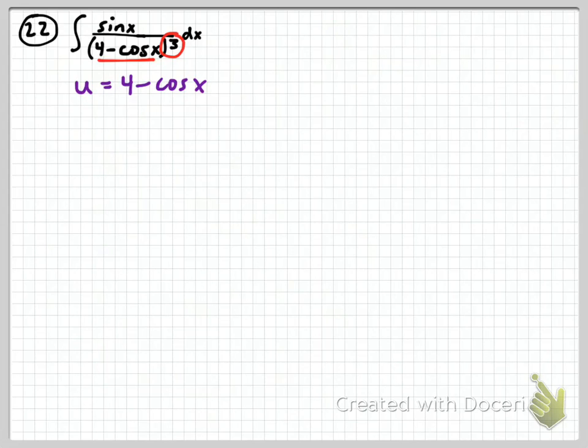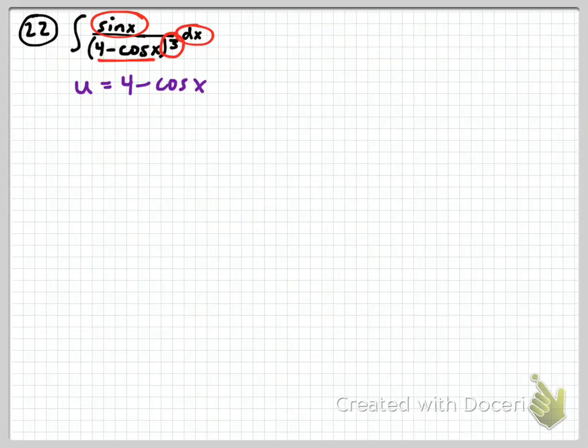That's the thing you want to look for. Is something being raised to a power, and if so, do we have that something's derivative in the integrand? And yes, we do. We have sine x dx, which is the derivative of cosine, and I know that there could be a minus sign difference, but that's okay. We can handle it if the difference is only a constant. All right, so let's keep going.